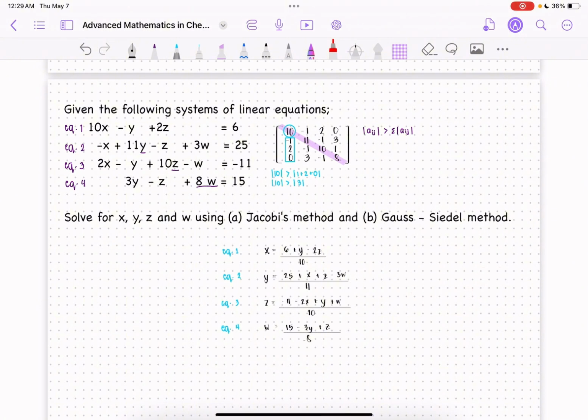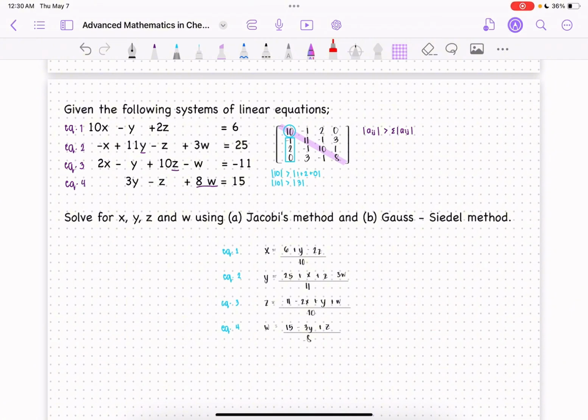For z, that would be 10z is equal to negative 11 minus 2x plus y plus w, all over 10 to cancel the 10 that we have right here. And for w, that would be 8w equals 15 minus 3y plus z divided by 8 to cancel the 8.